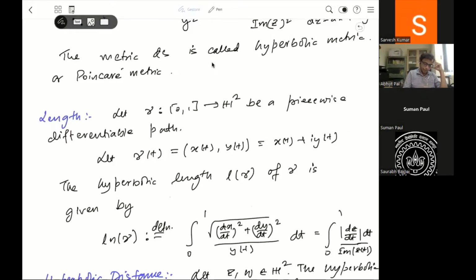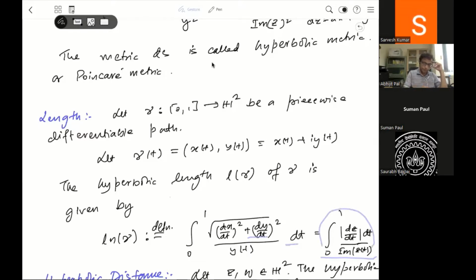Gamma of t, you can write as x(t) plus i y(t). The length of gamma is the integral from 0 to 1 of the square root of (dx/dt) whole squared plus (dy/dt) whole squared, divided by y(t), dt. This has already been defined.